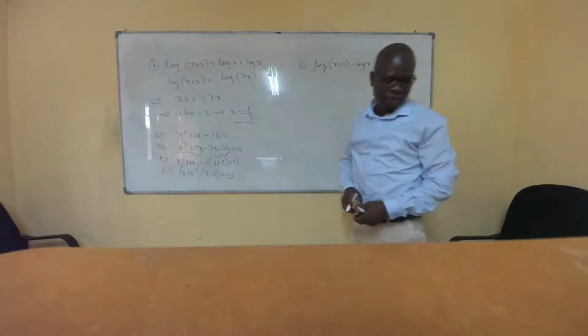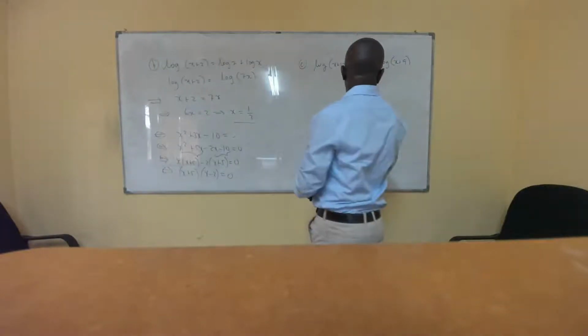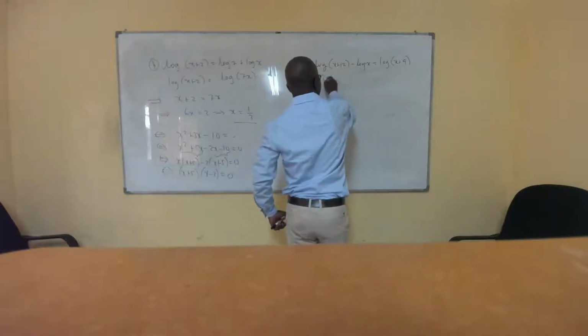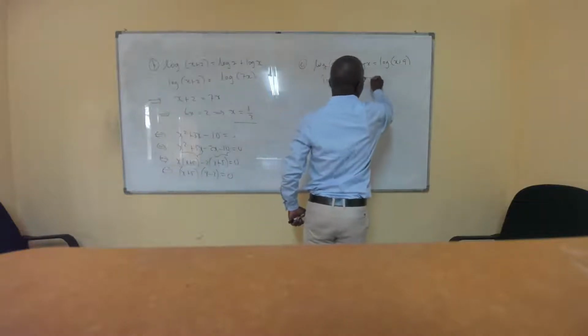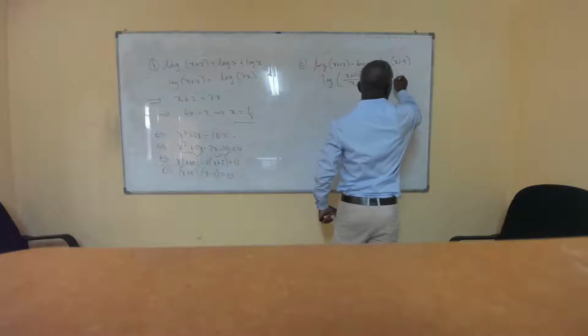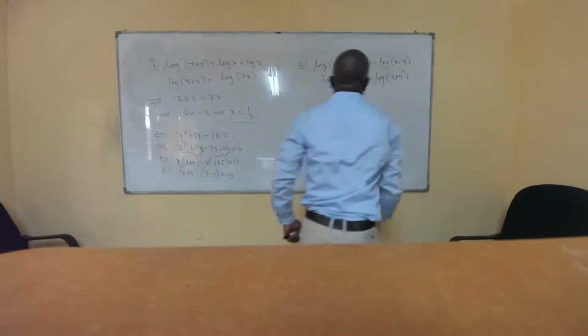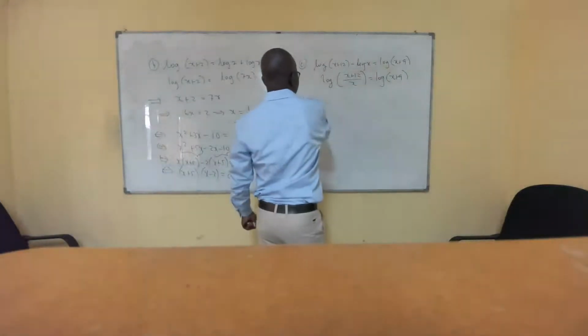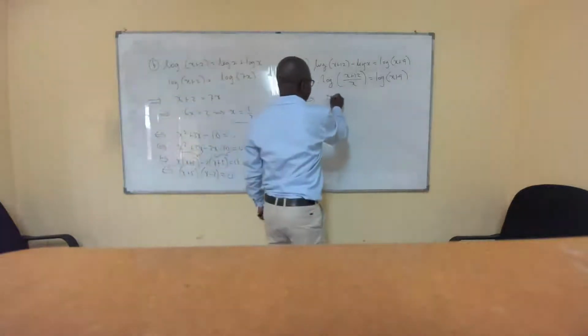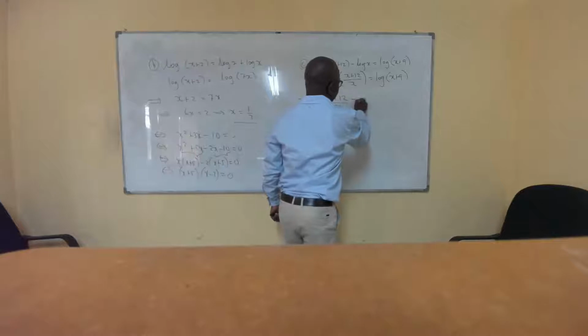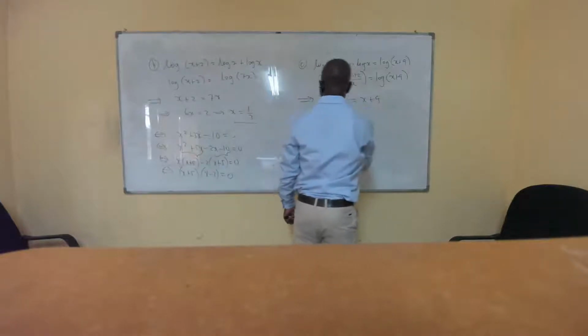That's what we are given. So combining, we can write this as log of x plus 12 over x equals log of x plus 9. Then using the fact that the log function is 1-to-1, I can write this as x plus 12 over x equals x plus 9.